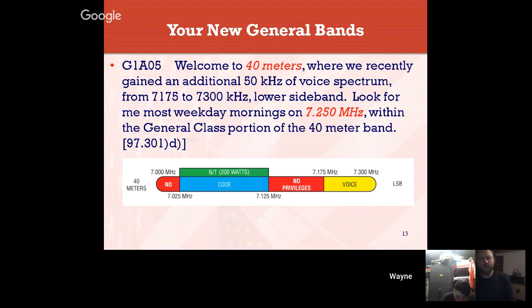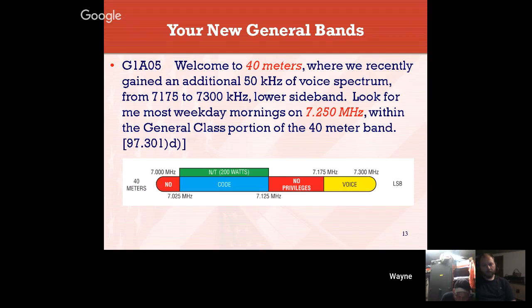So on 40 meters, we recently gained an additional 50 kilohertz of voice spectrum. That was from 7175 to 7300 kilohertz lower sideband. At any rate, you can find Gordon West on weekday mornings at 7250 within the general class portion of the 40-meter band.